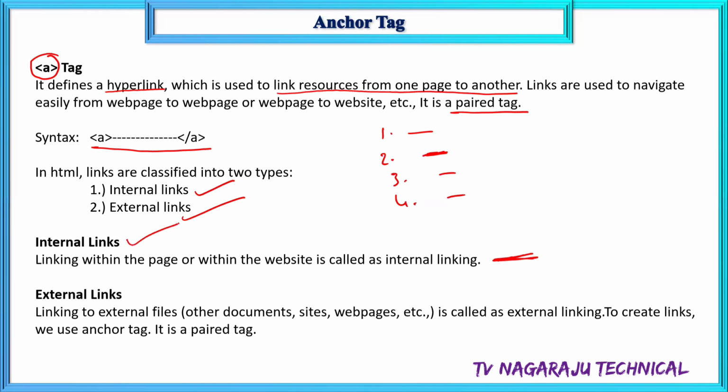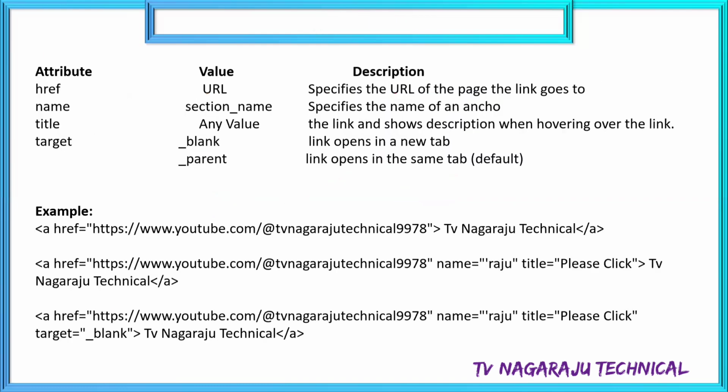That is an internal link. An external link means if you click on the link, you move to a new page or you open another document. That is an external link. So you can use any type of link according to our requirements.